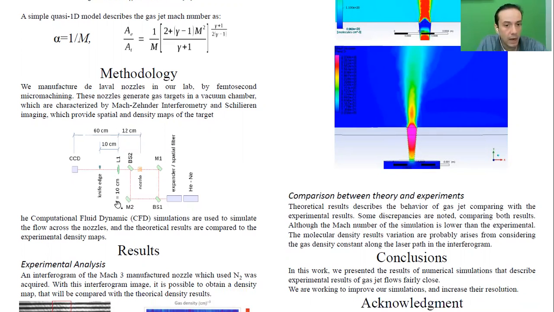Here we put one lens 12 centimeters away from the gas jet that forms an image 5 times the magnification of the real image.